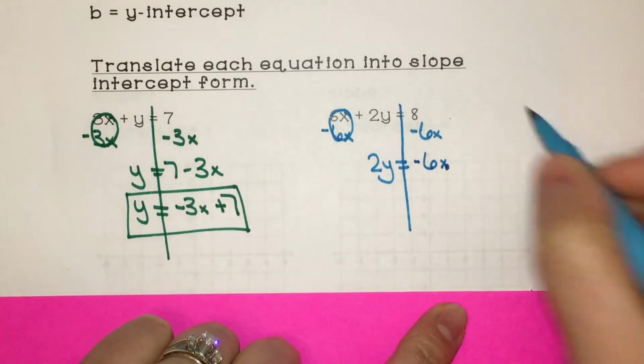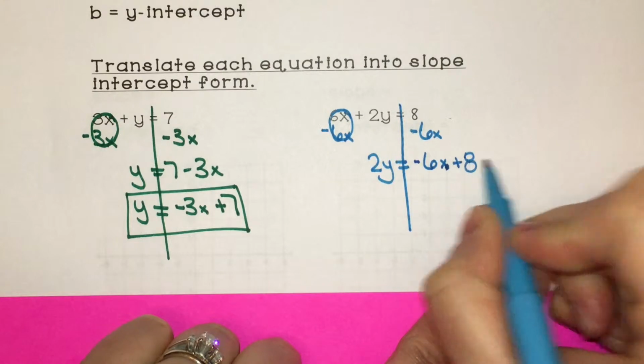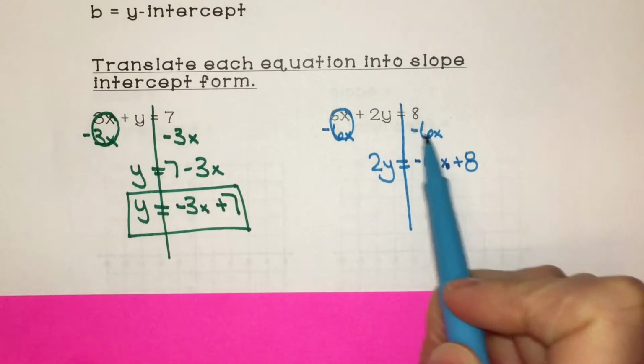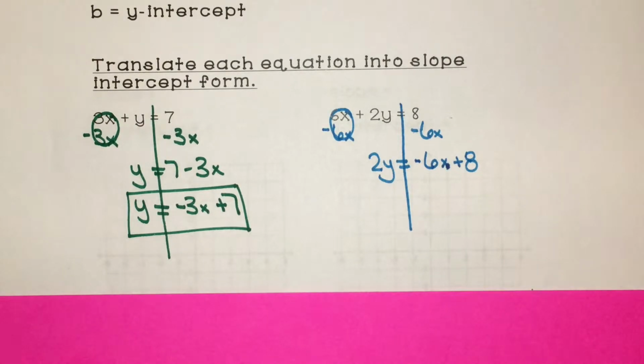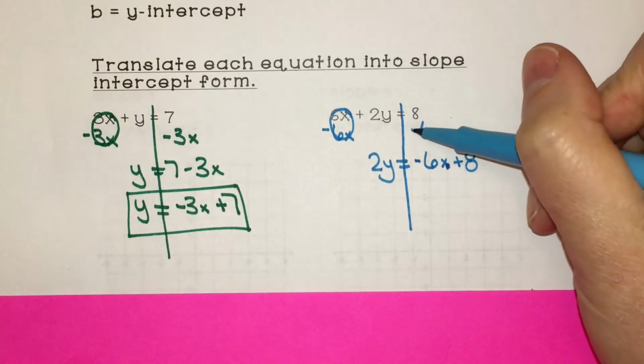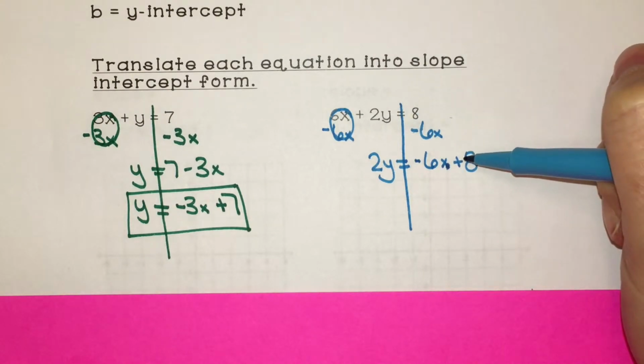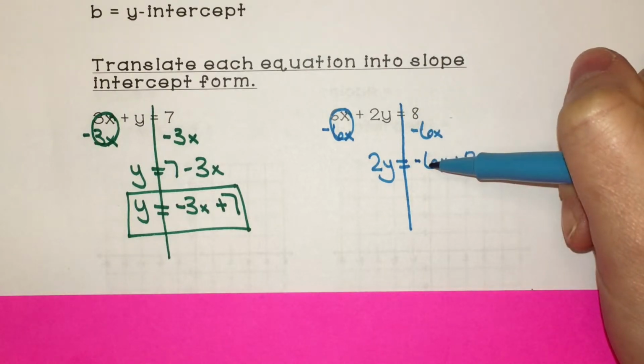The 8's positive, so it's going to be plus 8. So negative 6x plus 8 and 8 minus 6x are the exact same thing, only because we kept their operation in front of them, or their sign. The 8 stayed positive, the 6x stayed negative.